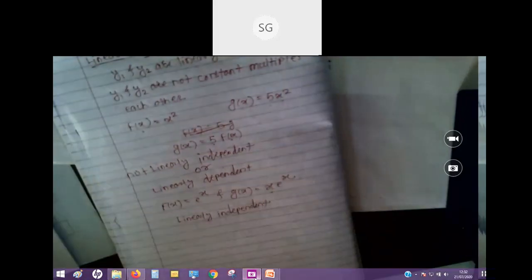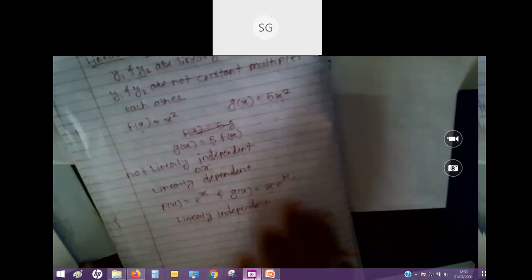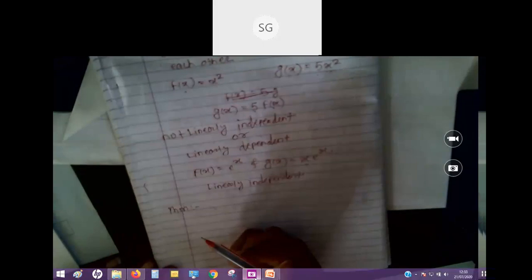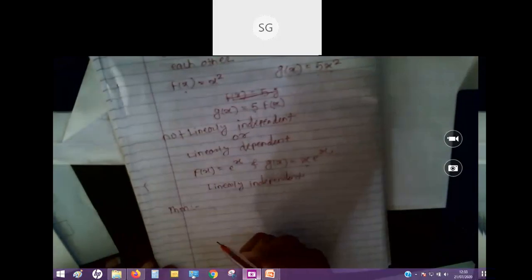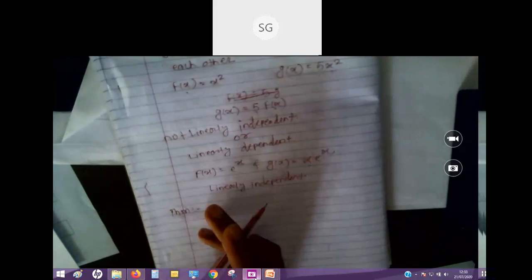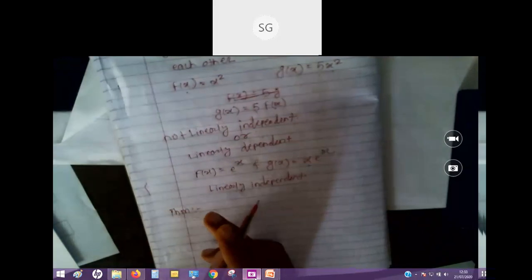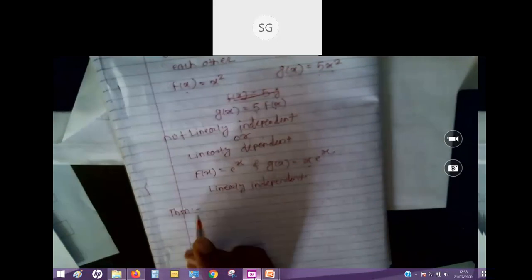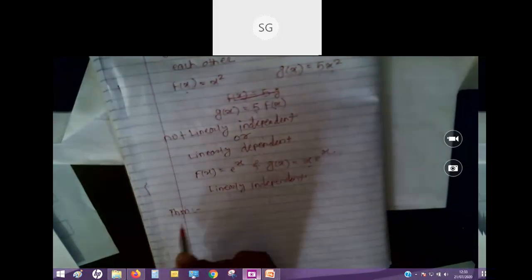Why I am stressing this concept is, for the next theorem we will write the statement, and see how this theorem is very useful in finding the solutions of a homogeneous second order linear differential equation. This is the background.